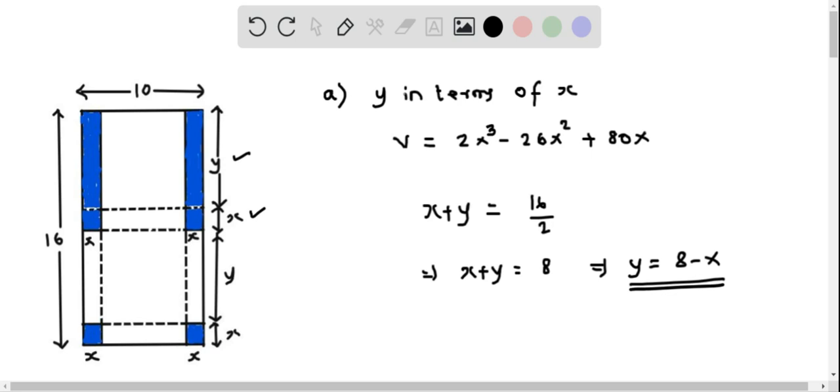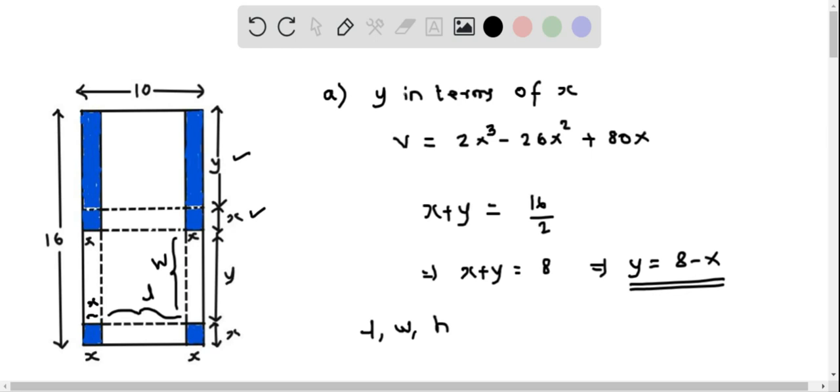Let's determine the volume of the box. For the volume of the box, we need to understand the length, width, and height of the box. When we fold this cardboard along the dotted lines, this will become the length of the box, and this side length will become the width of the box, and the portion which is being cut off from the cardboard will become the height of the box.